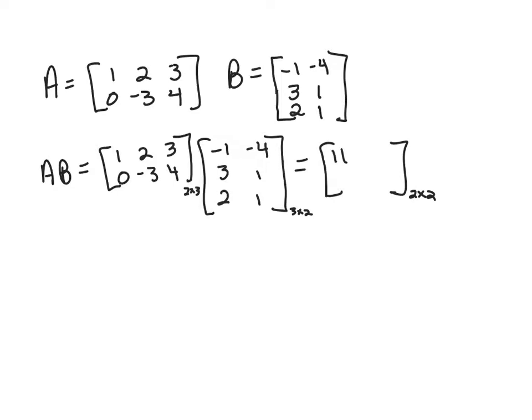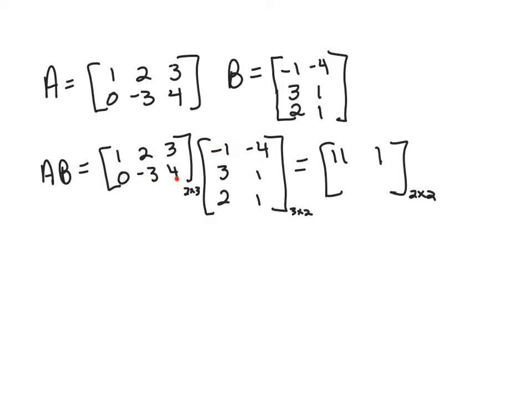Now, row 1, column 2. I multiply the 1 times -4, which gives me -4. Then I get a +2, which is -2, +3 is a 1. Second row, first column: 0 times -1, that's a 0.